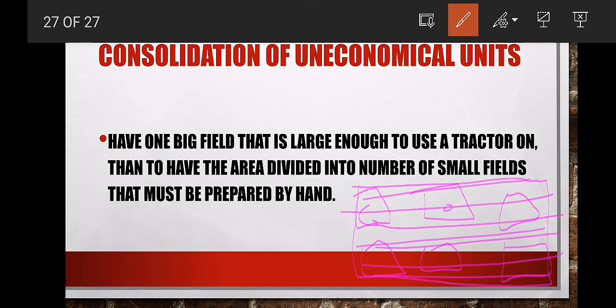Sometimes you can get a question whereby they say, what are the scientific methods of increasing land productivity? You can pick the use of fertilizer, whereby you improve soil fertility. You can pick the water management, improving water management.